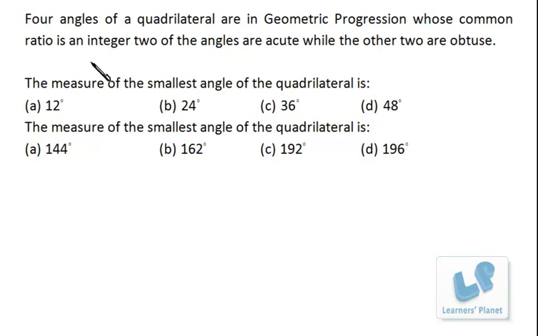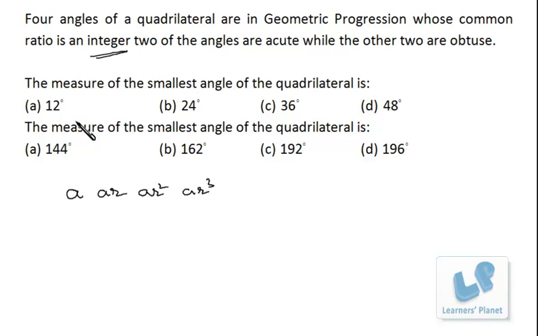Two of the angles are acute while two are obtuse. First of all, we have the information that all the angles are in geometric progression. So I assume them to be a, ar, ar square and ar cube. Now the common ratio is r, which is an integer, which is given to us.